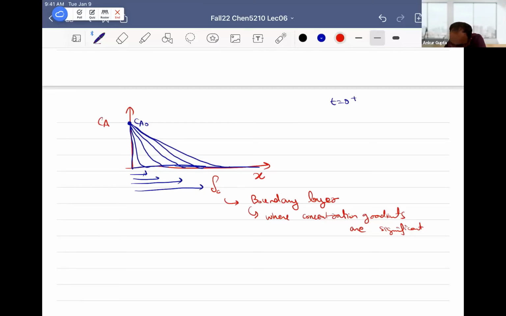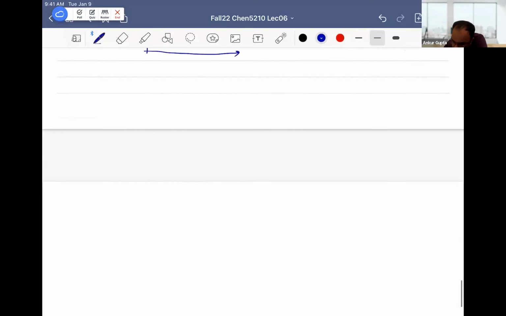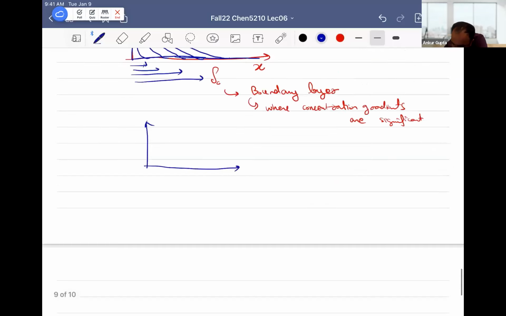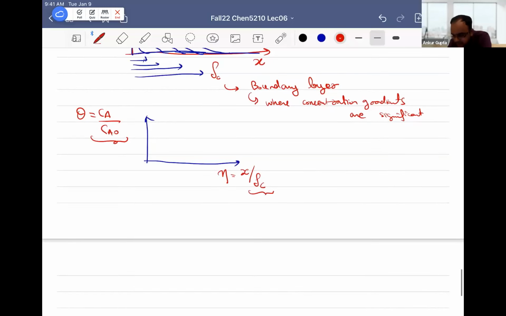So the idea is I'll define a similarity variable eta, which will be x by delta of C. Okay. And theta would be Ca by Ca naught in this case, but it may not be Ca naught, as you will see in your homework problem. This is the amplitude, and this is the distance at which the concentration gradient is changing, and you get one master curve.